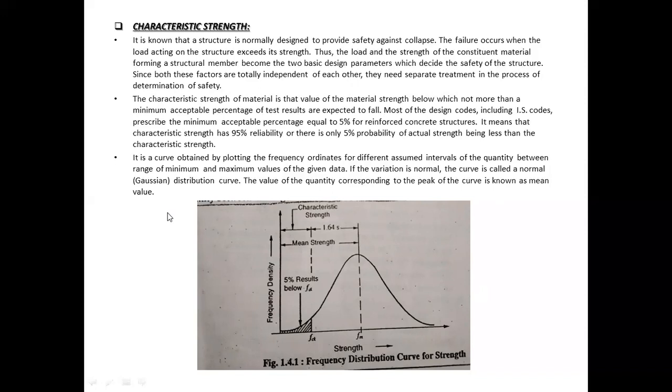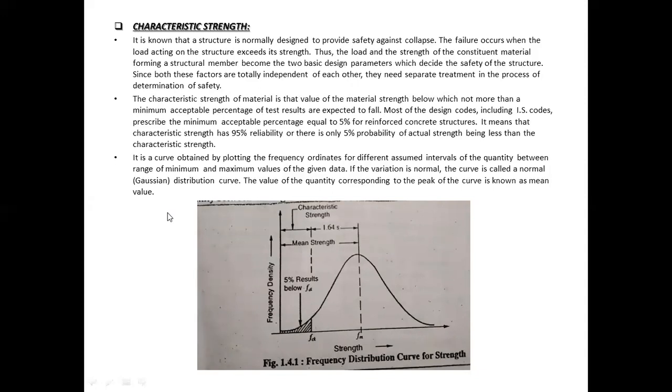Since both these factors are totally independent of each other, they need separate treatment in the process of determination of safety. The characteristic strength of material is that value of the material strength below which not more than a minimum acceptable percentage of test results are expected to fall.